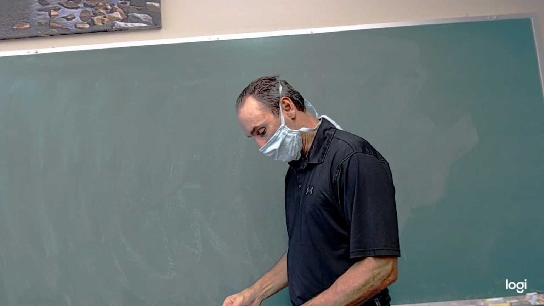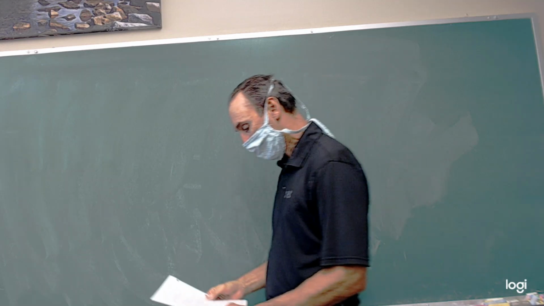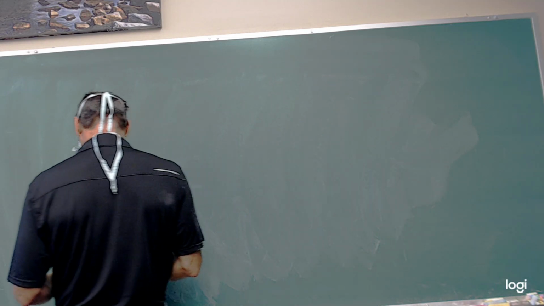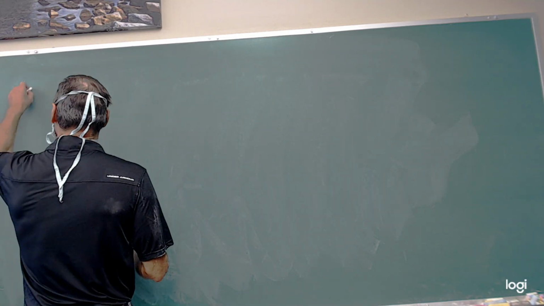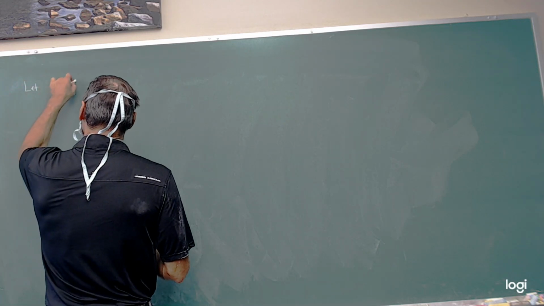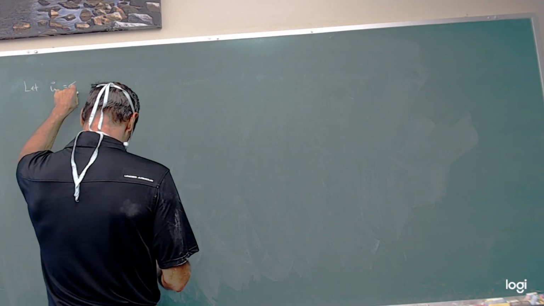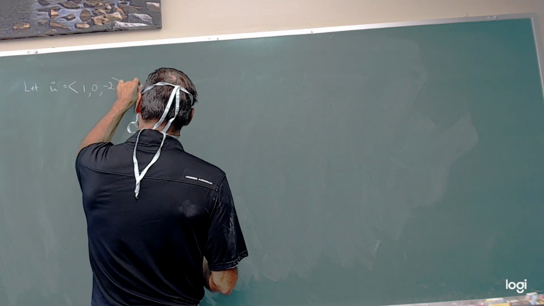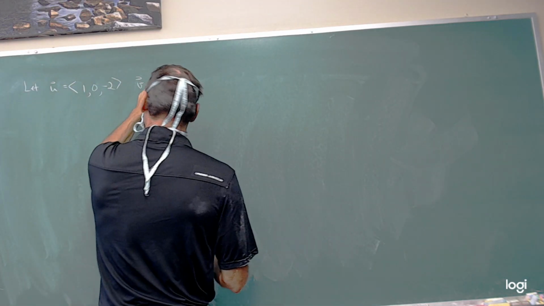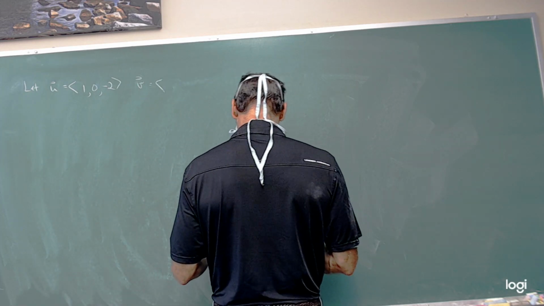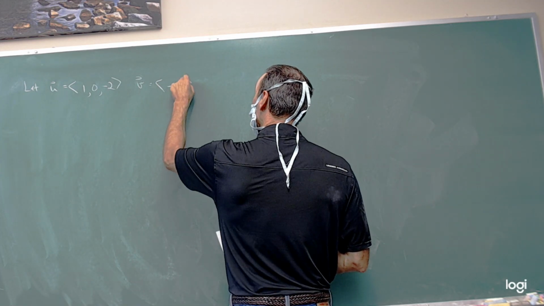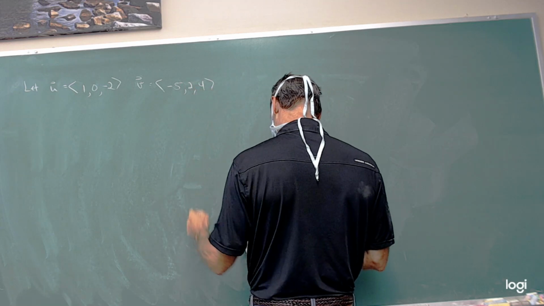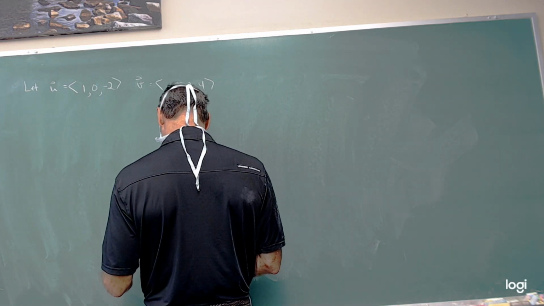Okay, so that's pretty much all the new stuff. Let's see if we can practice a little bit. So let U be the vector 1, 0, negative 2, and V is the vector negative 5, 2, 4.